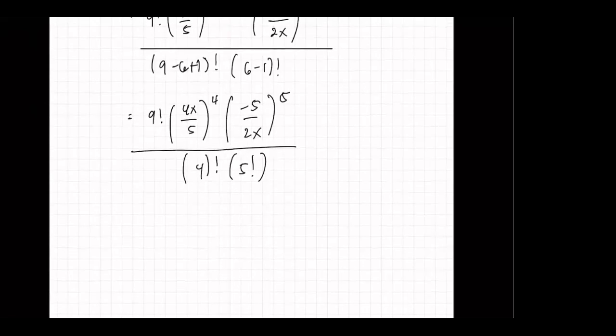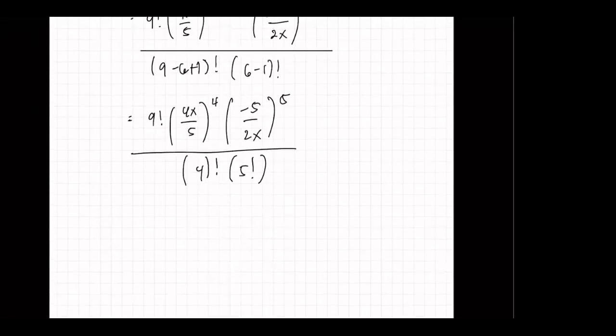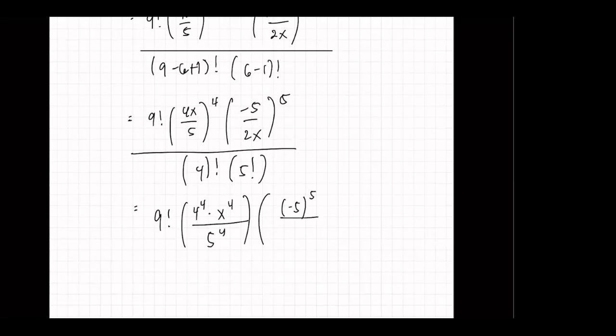Okay? Then apply natin yung property ng exponent. 9 factorial, this will be 4 raised to 4 times x raised to 4 all over 5 raised to 4, times negative 5 raised to 5 all over 2 raised to 5 times x raised to 5, then over 4 factorial and 5 factorial.